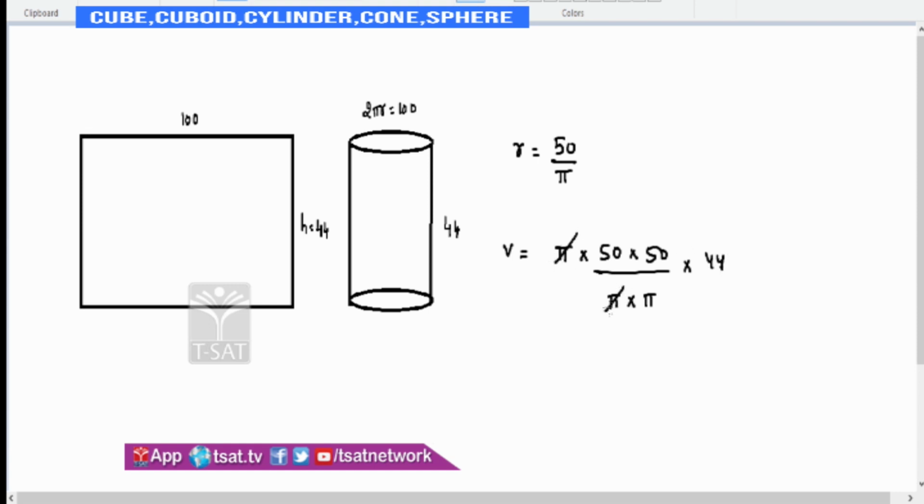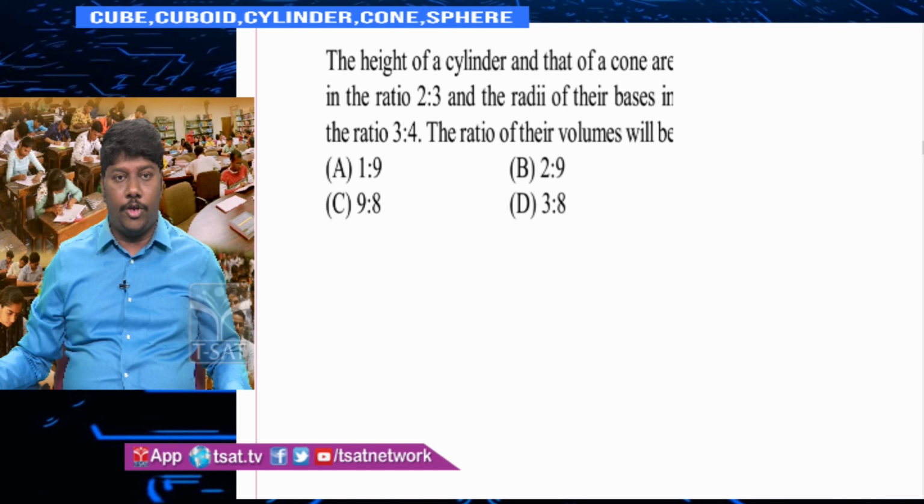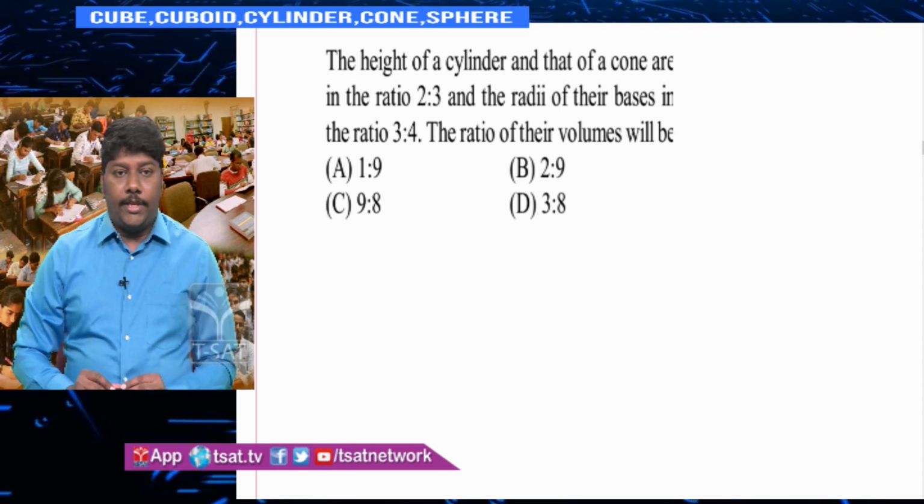Pi cancels. This pi means 22 by 7. 22 ones are 22, twos are 44, and 7 will come up. 100 into 350 is 35,000. Therefore the volume of the cylinder is 35,000 centimeter cube.